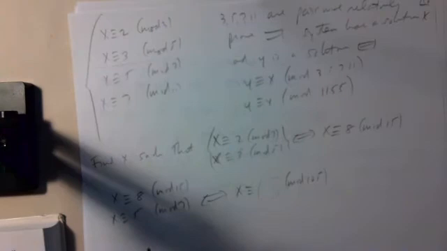So what's the number congruent to 8 mod 15 and 5 mod 7? This is a little bit harder.